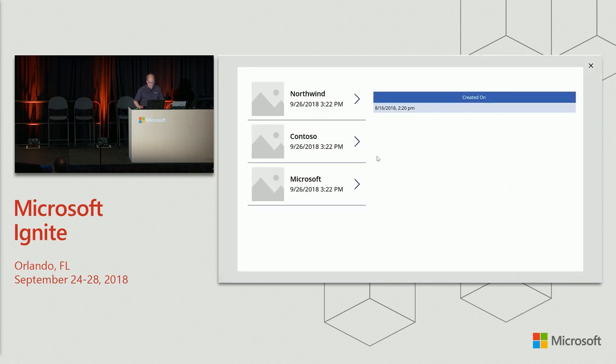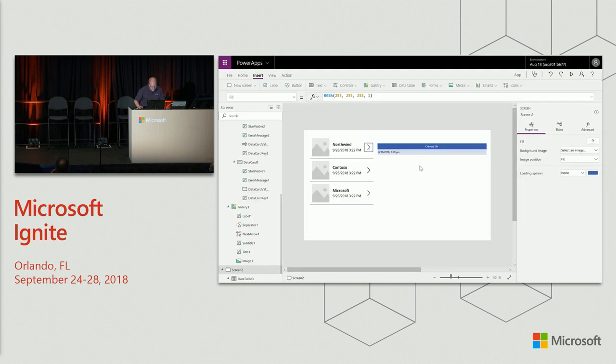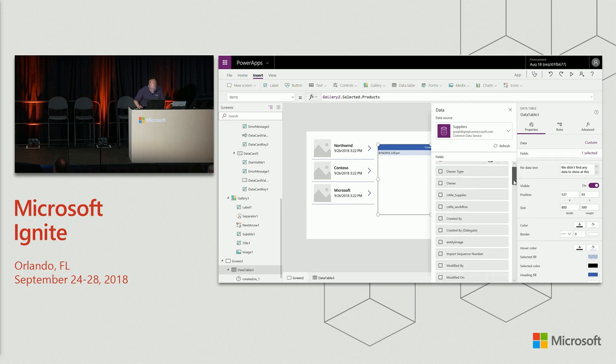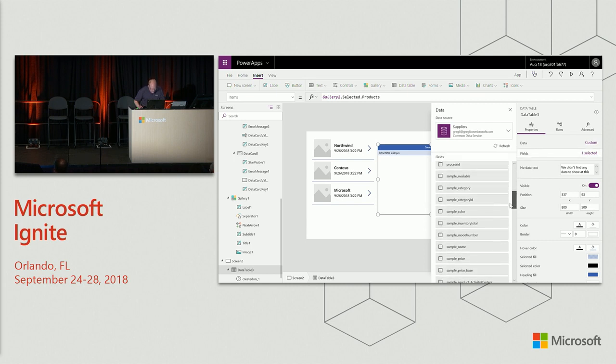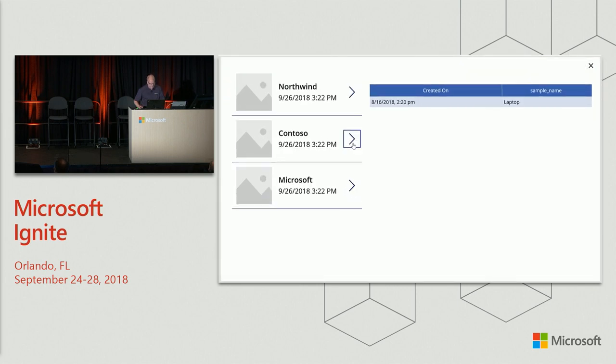And sure enough, I click on the items here. Oh, the date is not very interesting, is it? Let's go with the name. Now I'm doing the reverse lookup. It's just automatically filtering for me. So we're hoping this will work well for people to build relational apps, to be able to walk relationships very easily in CDS and be able to build very interesting business apps on top of it.